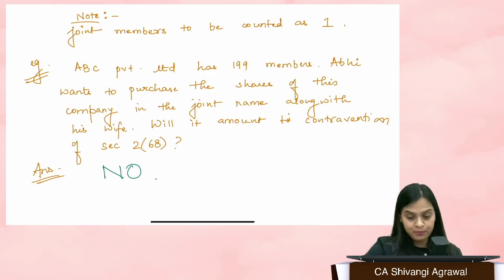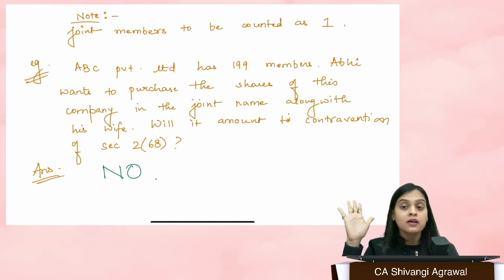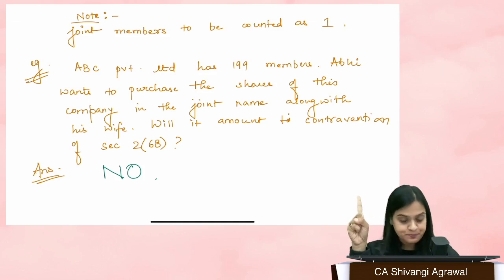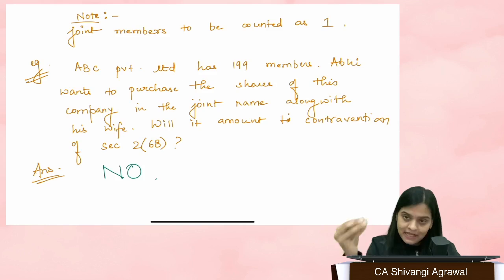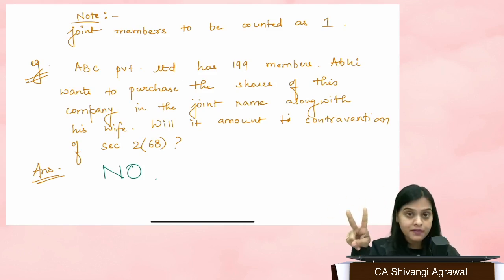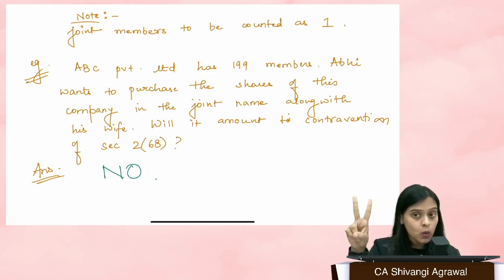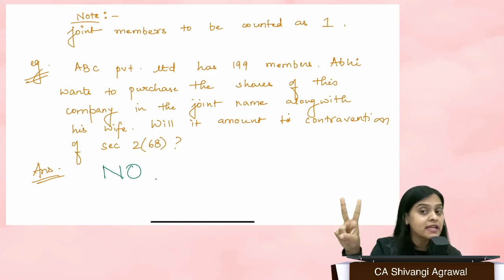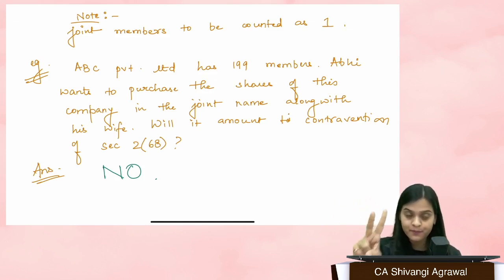A private company is a company with minimum paid up capital as prescribed, and which by its articles restricts the transferability of shares, limits the number of members to 200, wherein joint holders will be counted as one, and employees and former employees will not be included in this limit of 200.